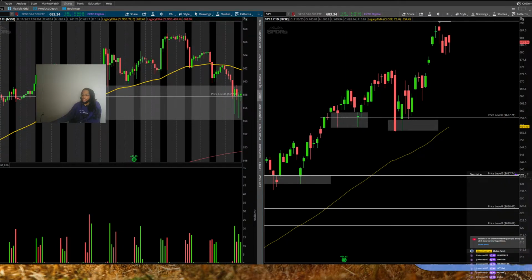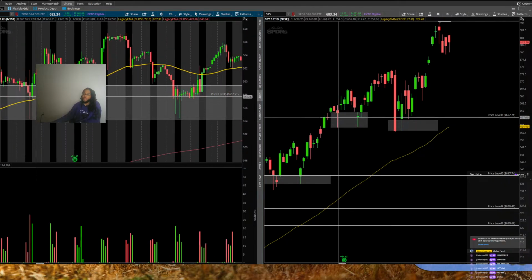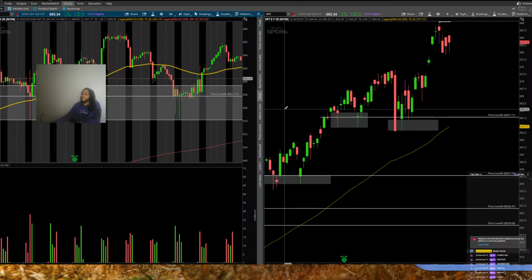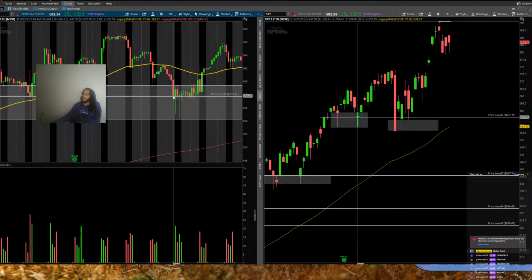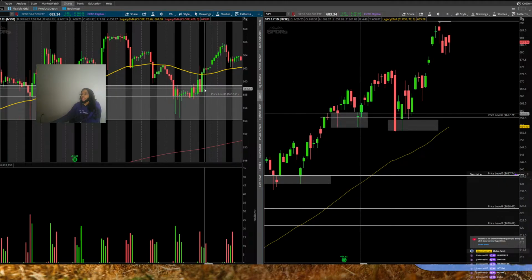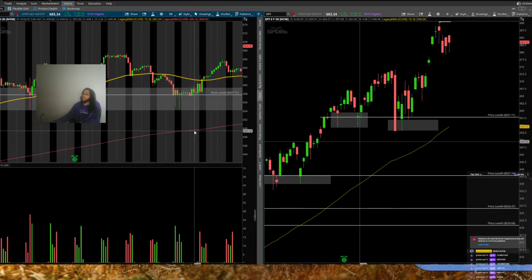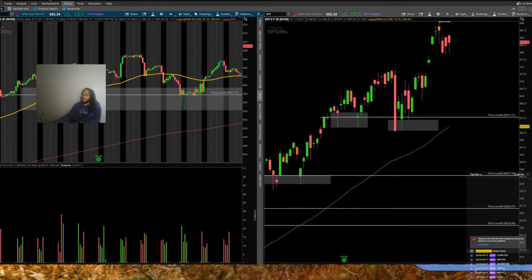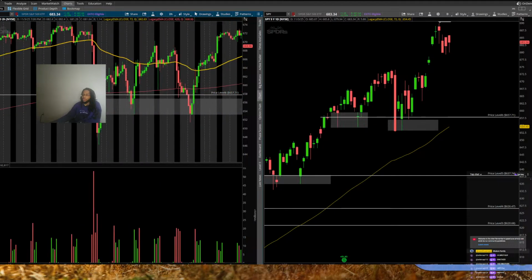But what is interesting is that we come right back and we trade right back over here, and we look at that line that I drew that was of interest. We come back here and touch it, and it did not give us a retracement back to the 420. It just didn't. And that's something that you're going to see with setups.